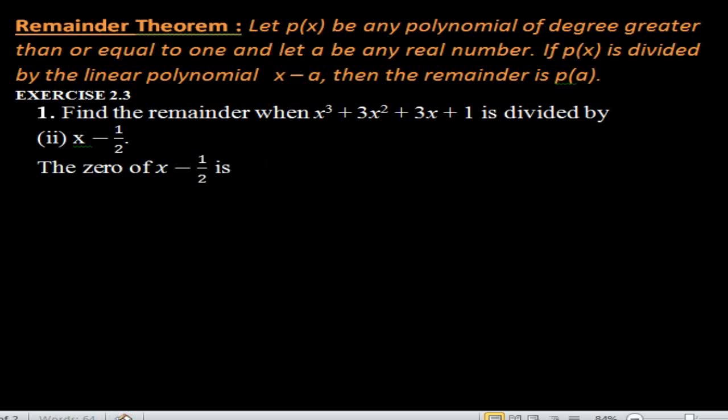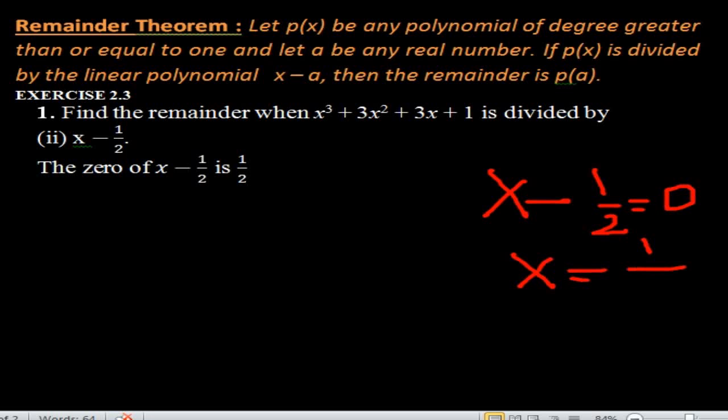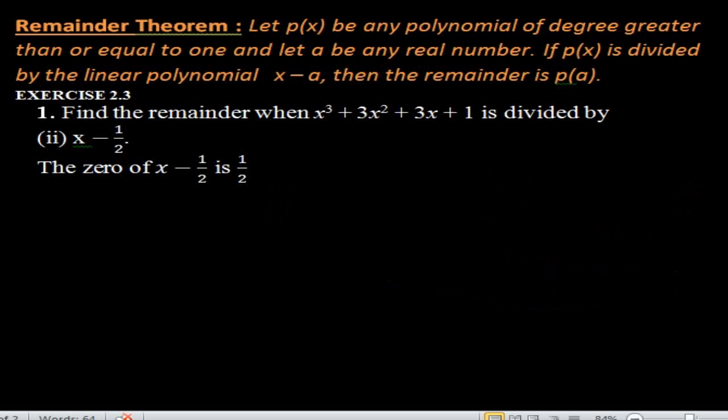As I said earlier, how will you find the 0? Equate x minus 1 by 2 equal to 0, so we get x is equal to 1 by 2. This is how we get the 0.